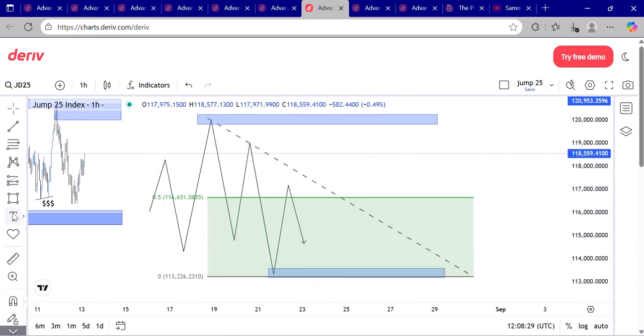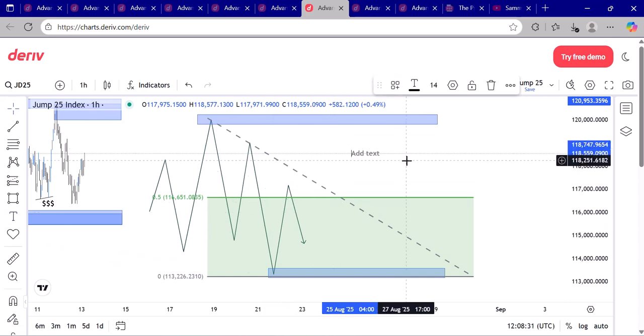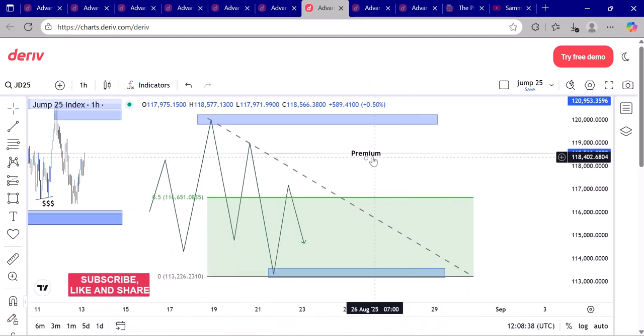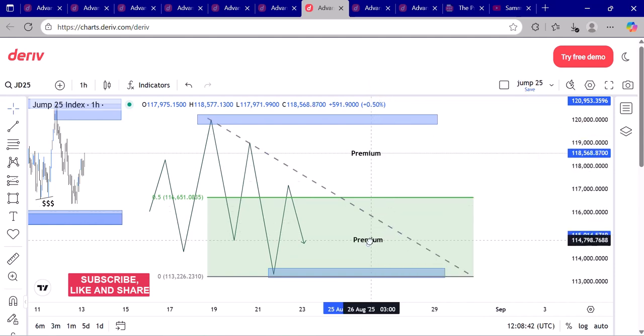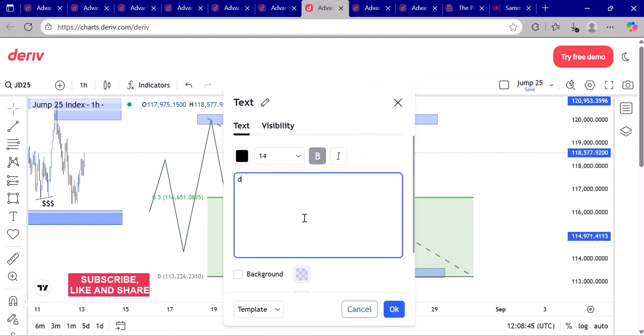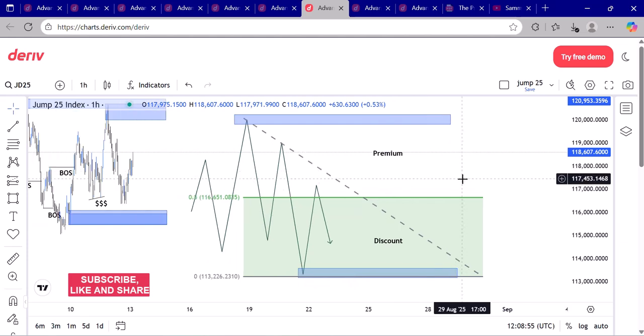So here we have the premium, and here we have our discount. What does that mean?